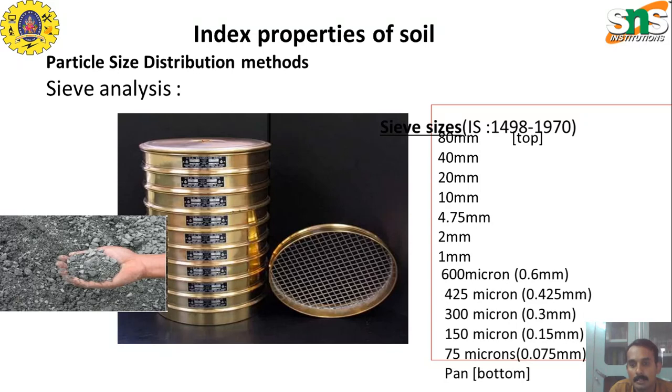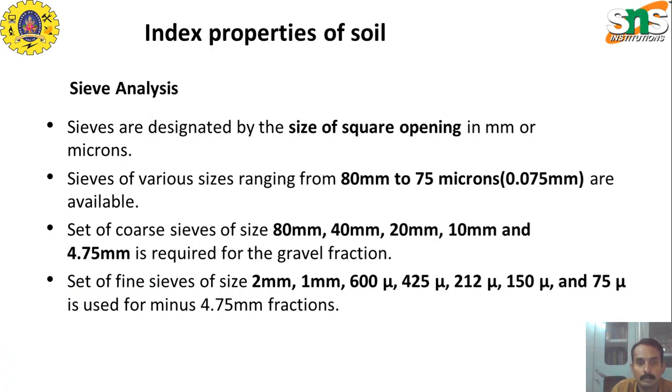The sieve sets are arranged in descending order ranging from 80 mm, 40 mm, 20 mm, 10 mm, 4.75 mm, 2 mm, 1 mm, 600 micron, 425 micron, 300 micron, 150 micron and 75 micron, and a collecting pan is fitted at the bottom. The sieve sizes are represented by the size of square opening in mm or microns ranging from 80 mm to 75 micron.